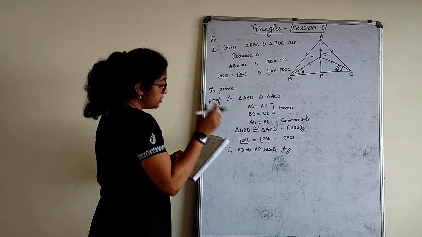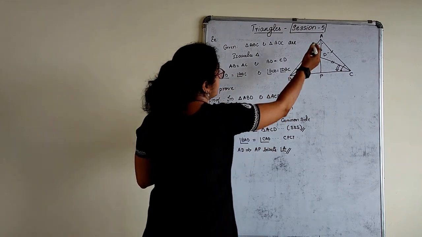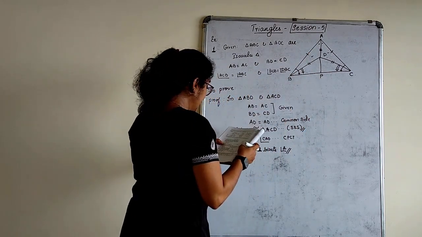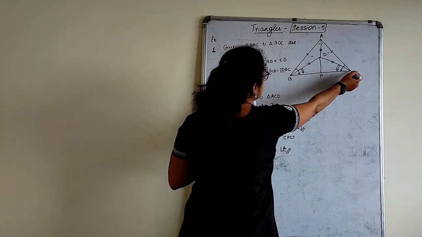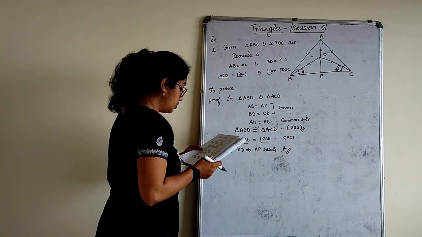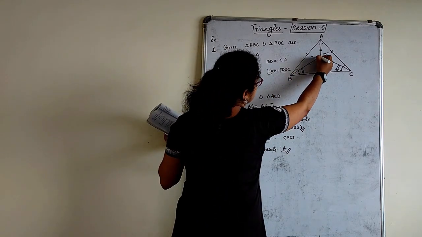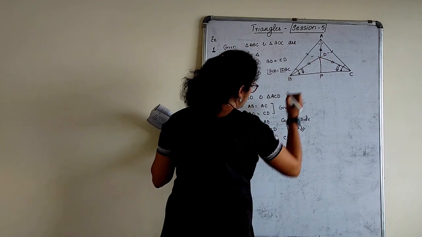Now next, the part of the triangle they have taken here is ABP and triangle ACP. This part of the triangle they have asked us to prove. So let's check what we will get here. Now here these two angles are equal, that is different, but we want these two to be equal.